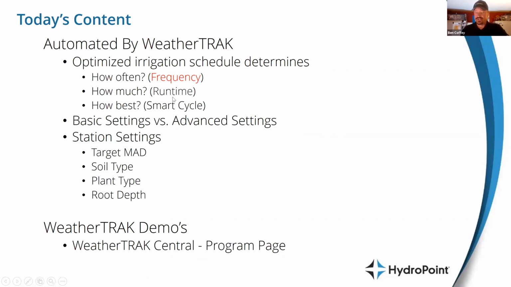And during that conversation, there were a lot of questions about frequency that I kind of had to put a pin in, right? People asked about target MAD, people asked about root depth. And those really don't adjust your runtime in a night, they adjust your frequency. So today we're going to just pick up where that conversation left off and just go down the road of how do I get more days out of my irrigation schedule when I am scheduling a station using the Automated by WeatherTrack feature.